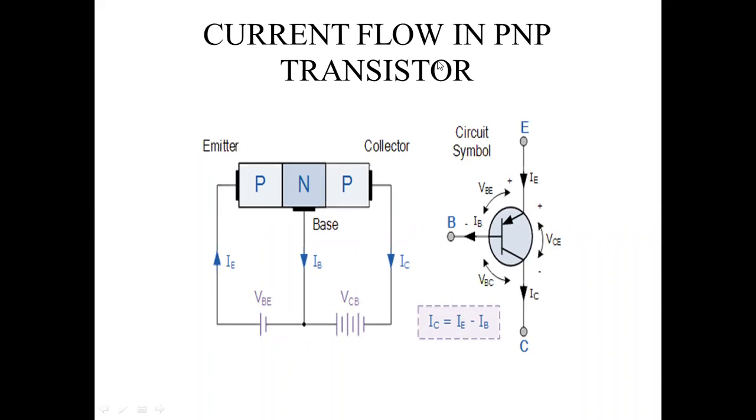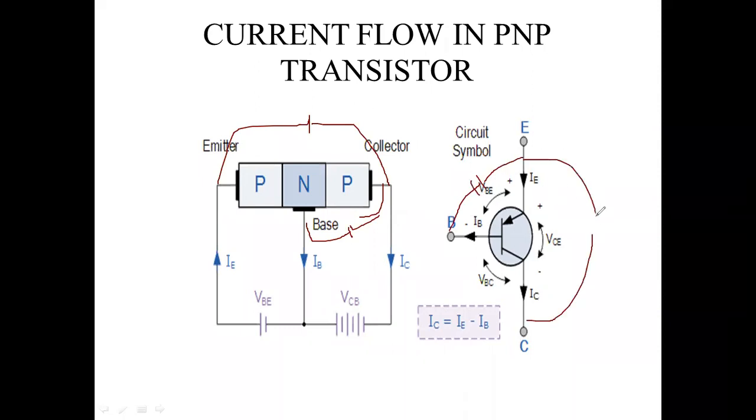If the collector is common, the supply should go emitter to collector and base to collector. That is the common collector. If it is common emitter, then base to emitter and collector to emitter we give the supply.